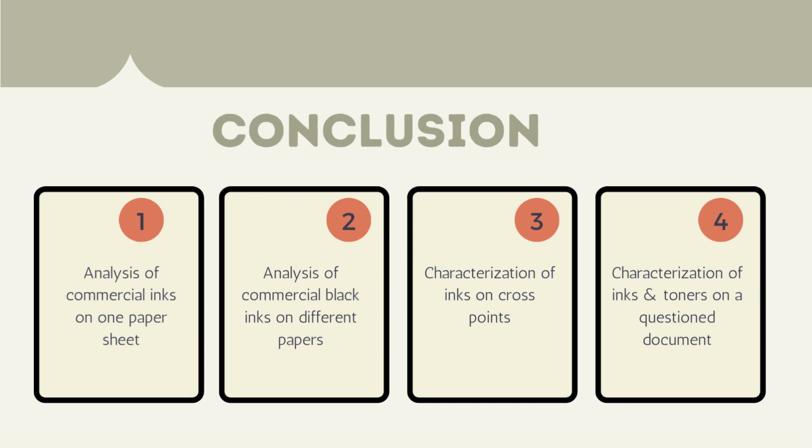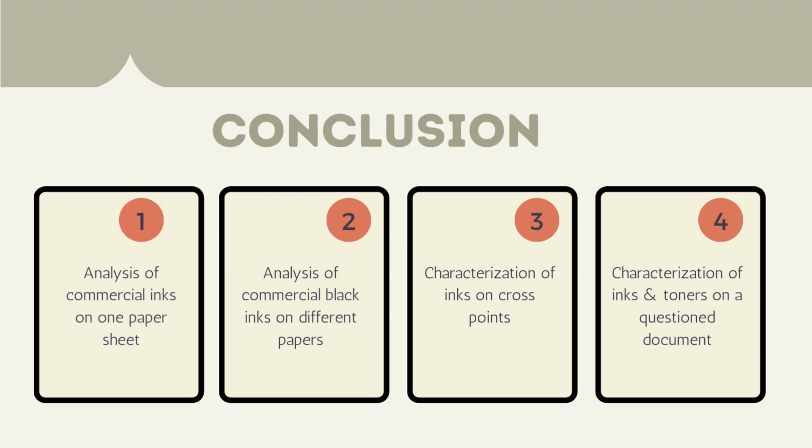For the characterization of inks on cross points, by applying LIBS depth profiling on the point where 2 lines made up of different inks intersect with each other, it was possible to determine accurately the layering order of the inks.